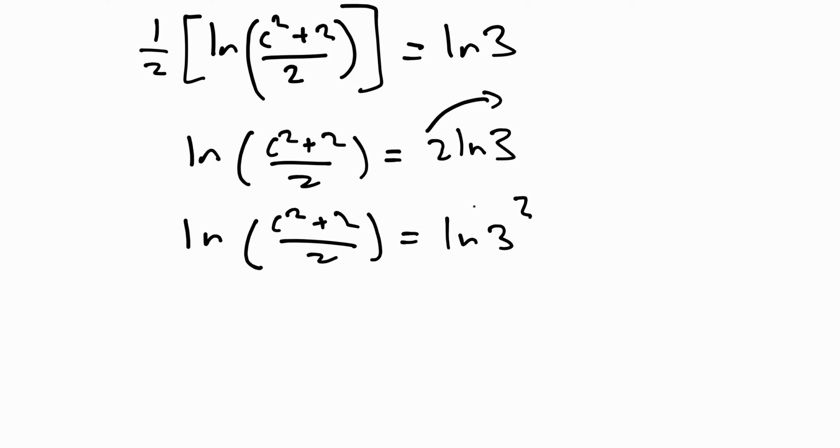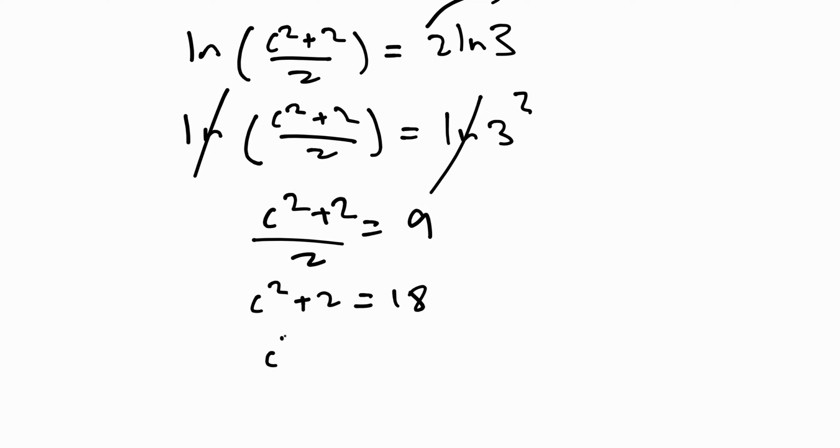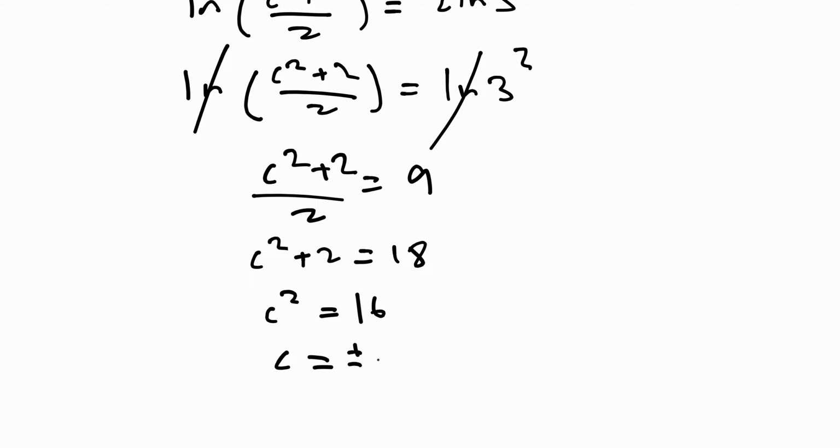Now I can remove the ln's from both sides, so I'm left with c squared plus 2 over 2 is equal to 9. So c squared plus 2 is equal to 18, c squared is equal to 16, so c must be equal to plus or minus 4.